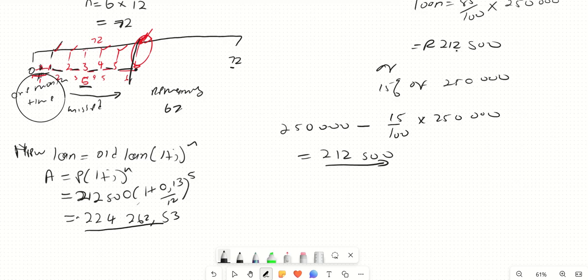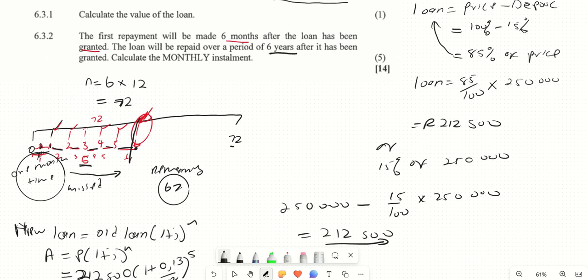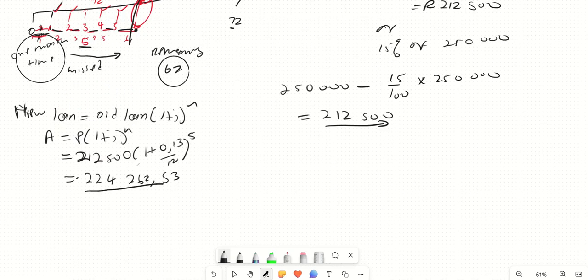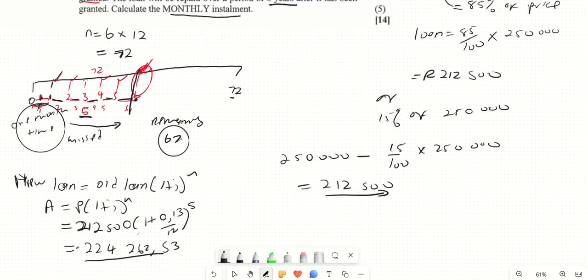Then this loan has to be repaid in 67 installments. The question was to calculate the monthly installment now. How much should this person pay on a monthly basis in order to repay the loan? Remember, this n must end on this particular day. This is 6 years after the loan was granted.